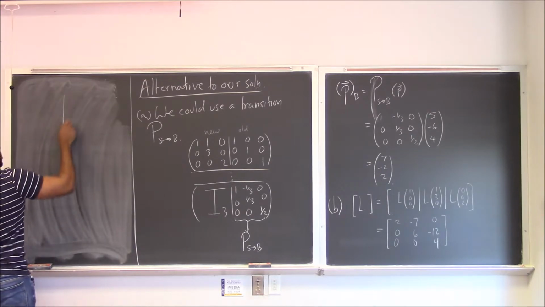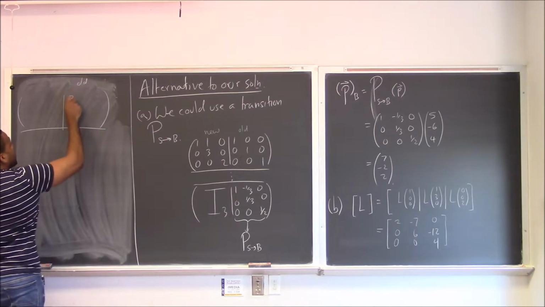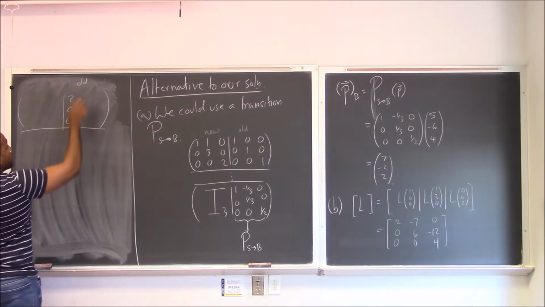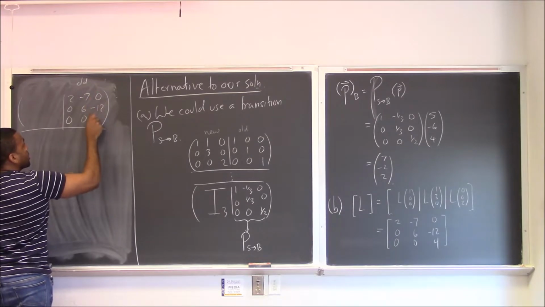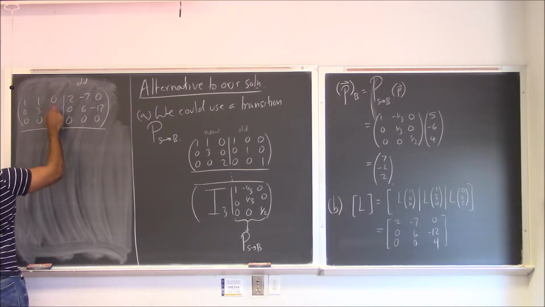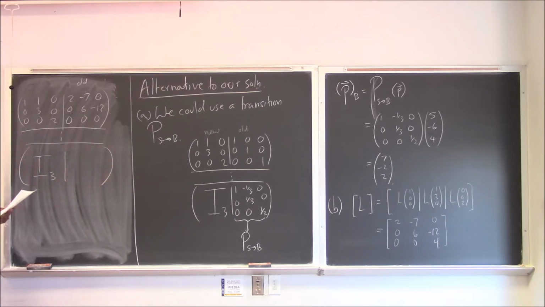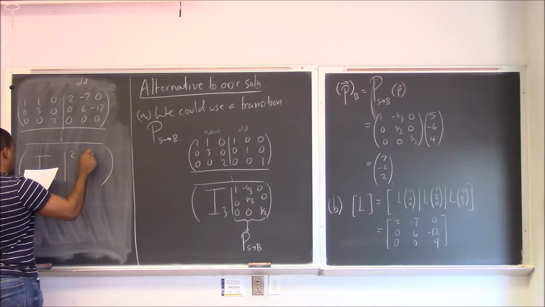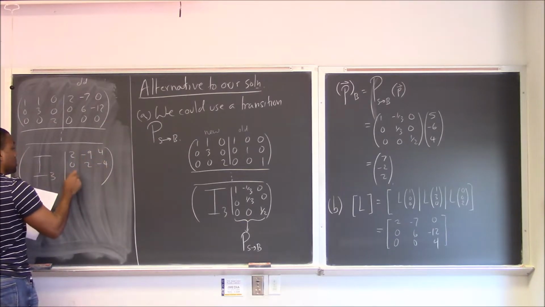And then we can do another transition matrix to get the answer to B. So if we transition from that thing that we just created to this guy, when we reduce that, we would have gotten the answer to B. This is 2, minus 9, 4, 0, 2, minus 4, 0, 0, 2.